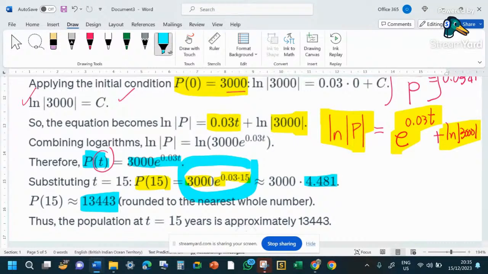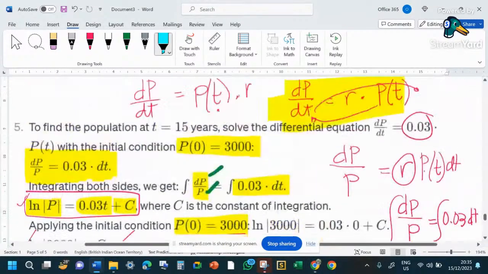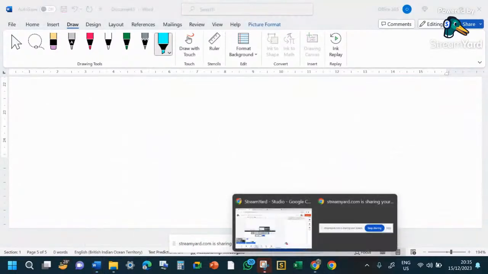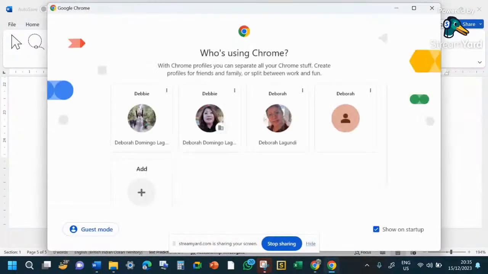So to end it, the population in 15 years will be approximately 13,443. Okay, so we have answered 5 questions, and this is the scope of the final.